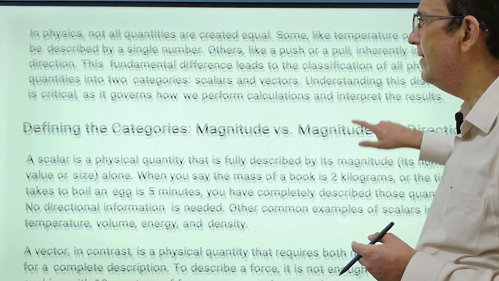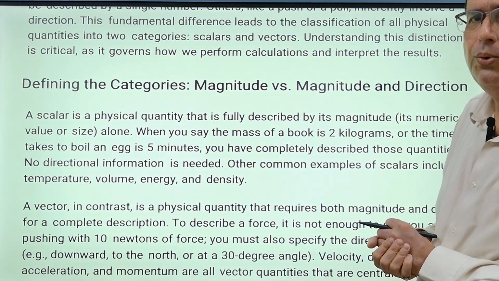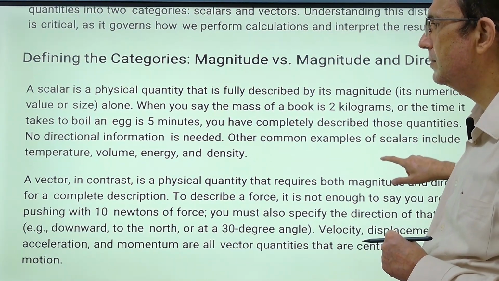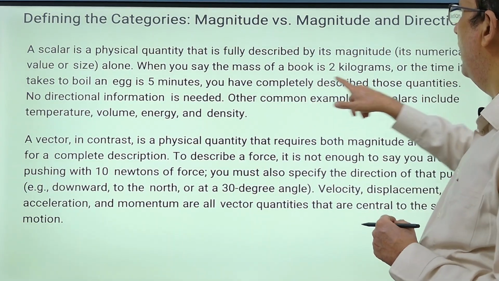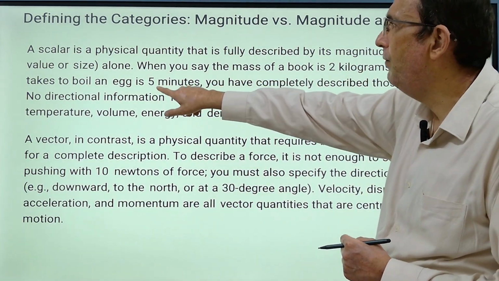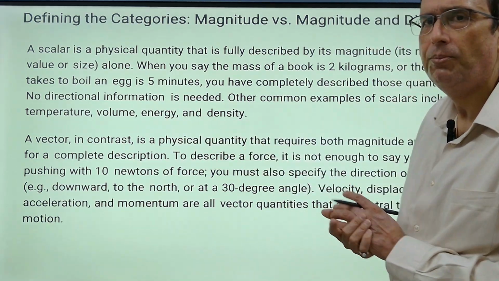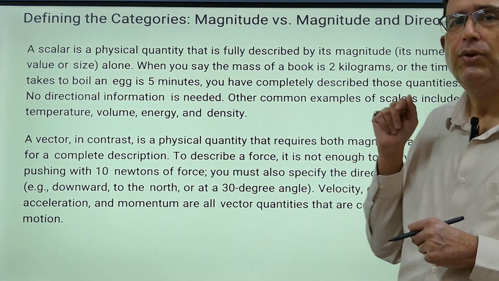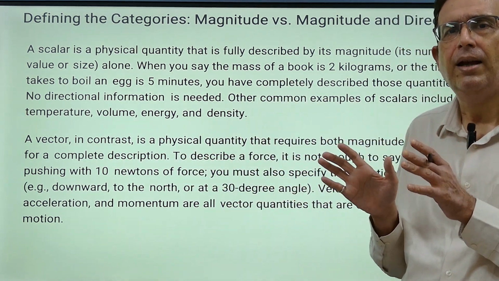So you can say scalars are only magnitude and vectors are magnitude and direction. So for example, 2 kilograms of mass, or 5 minutes of time, or the volume of an object or energy of an object, these are all scalar quantities. Whereas force, that is if you are applying some force on an object, that force requires a magnitude.